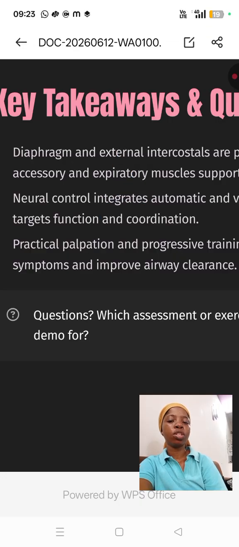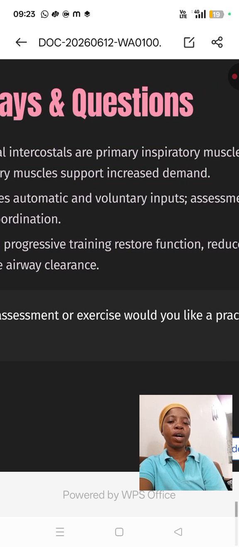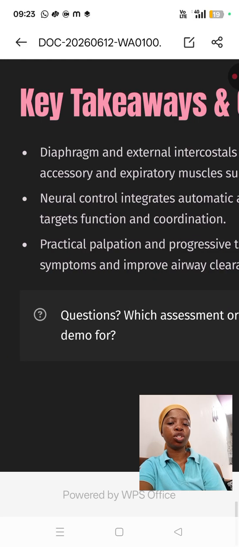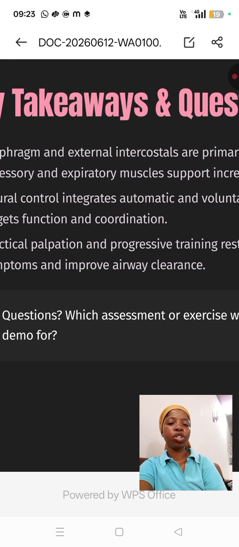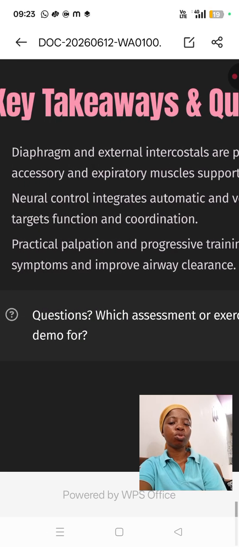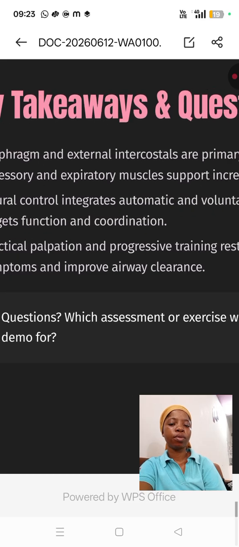Neural control integrates automatic and voluntary input. Assessment targets function and coordination through palpation and functional tests. Progressive training restores function, reduces symptoms, and improves airway clearance.